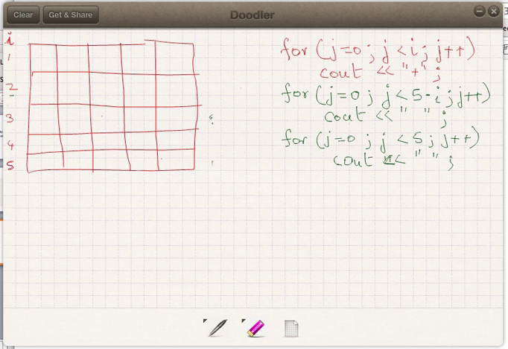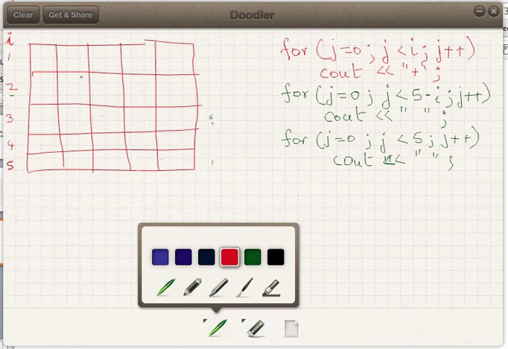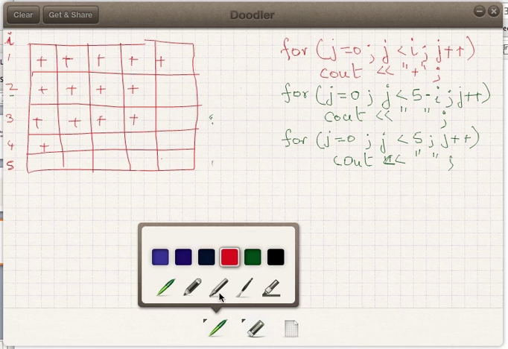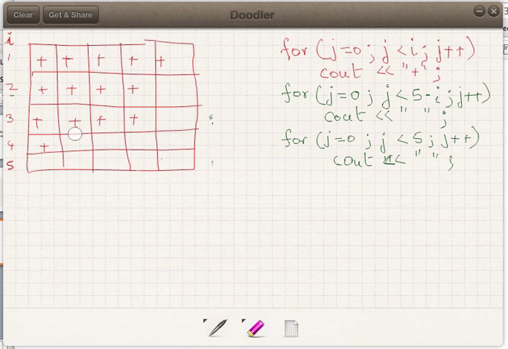Let's go. So here I have plus, plus, plus, plus, plus. It's decreasing at each row.